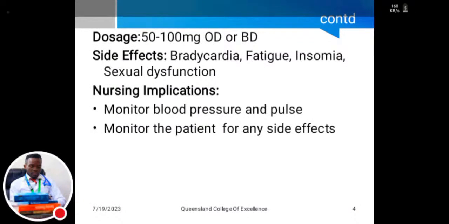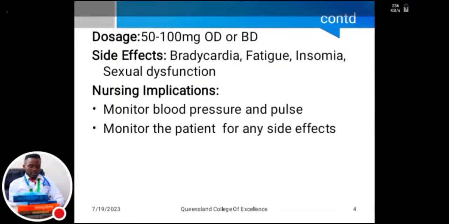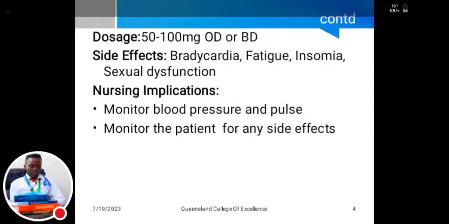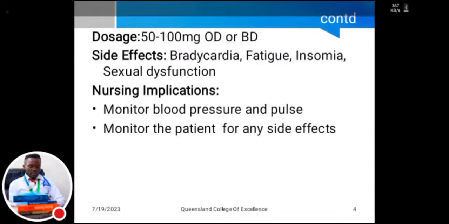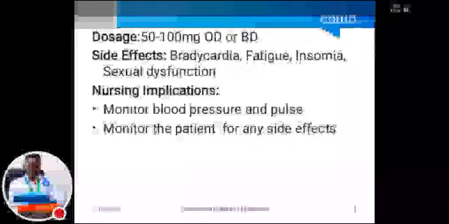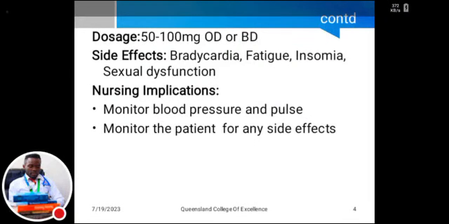Side effects: each and every drug has them. For atenolol, the side effects are very bad. It brings about bradycardia.